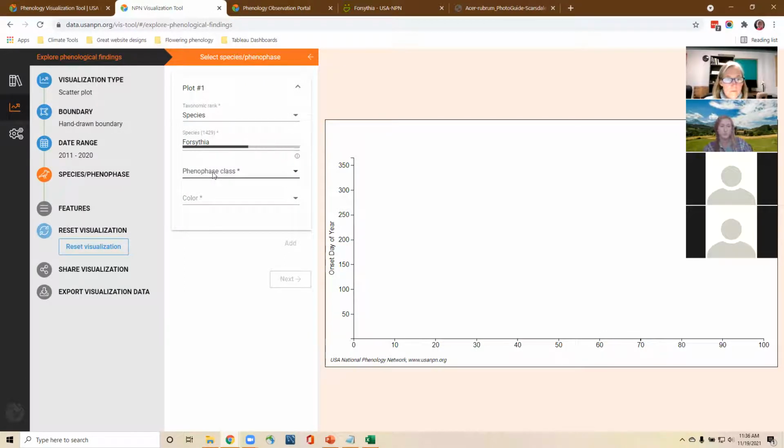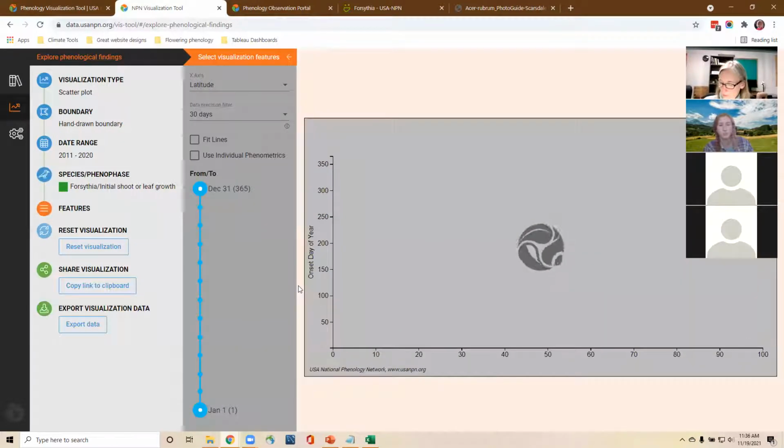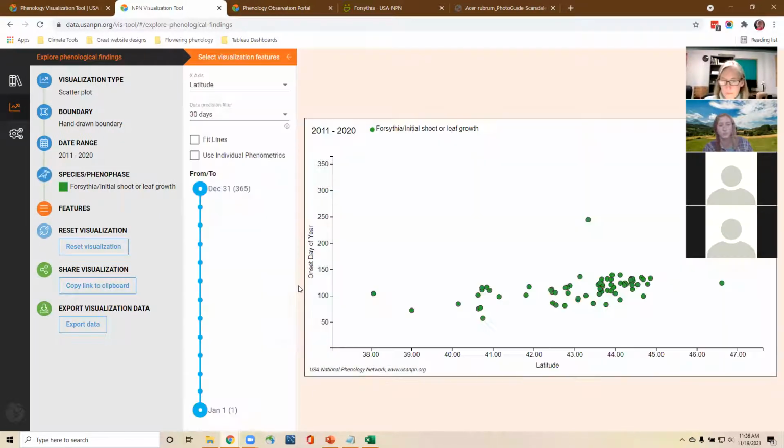And I'm just going to put one Phenophase on here for now. You can do more than one, but you could always change it later. So I'm going to look at the initial growth. And then once I pick out the onset Phenophase that I want to look at, what you're going to see here is a bunch of dots on the visualization. Actually, I should say that in a different way.